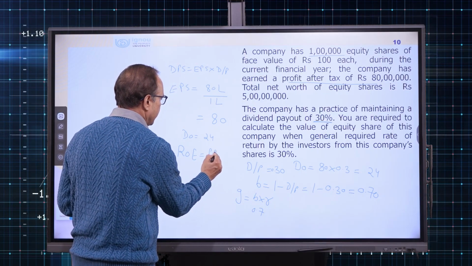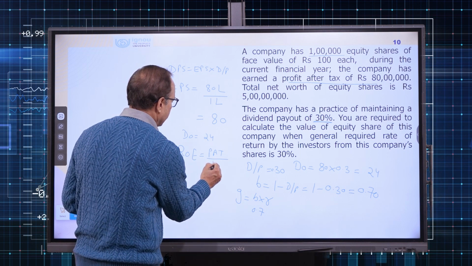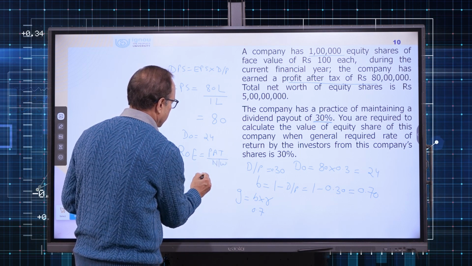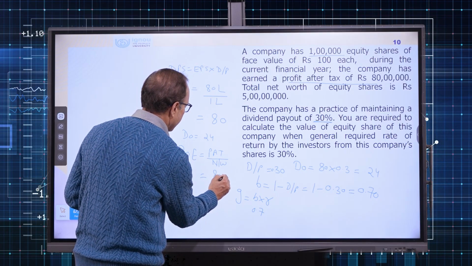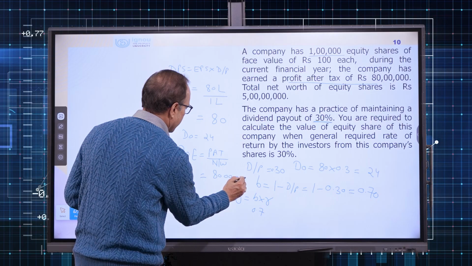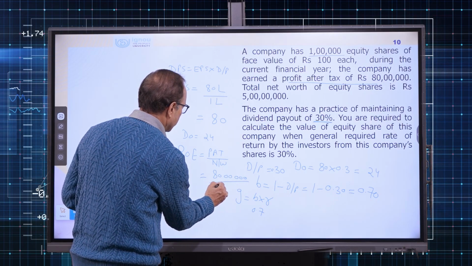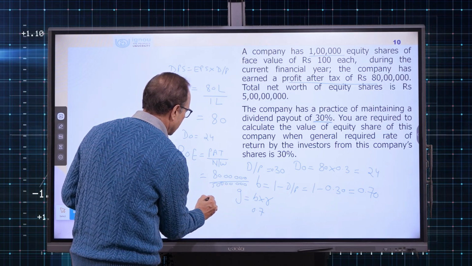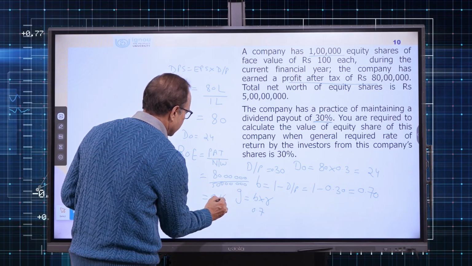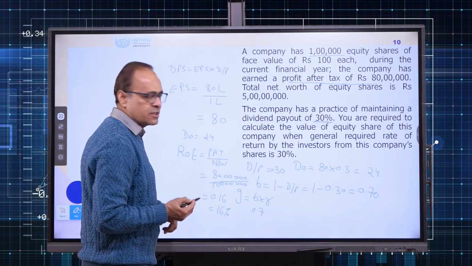In this case again we assume there is no preference dividend: PAT upon net worth. Profit after tax is 80 lakhs, and net worth is 5 crore. So, it works out to 16%. We can say the ROE of the company is 16%.